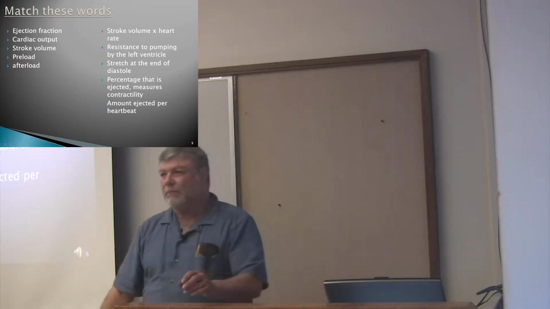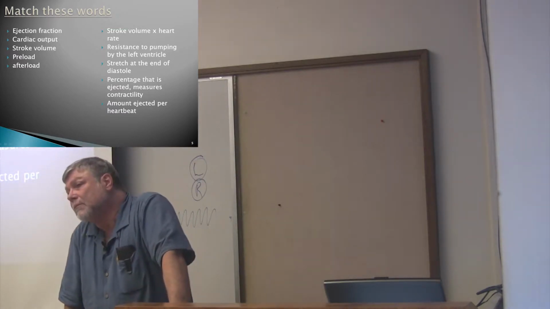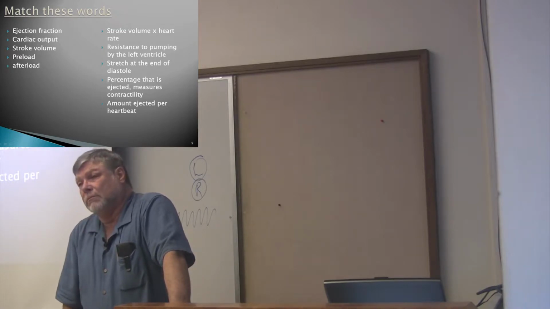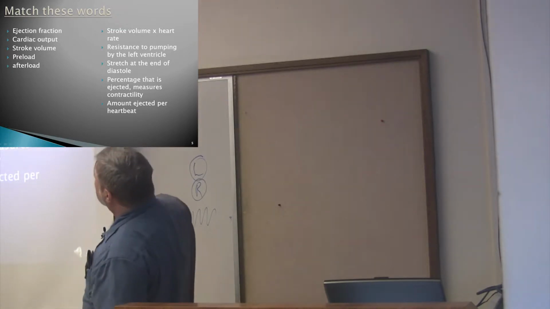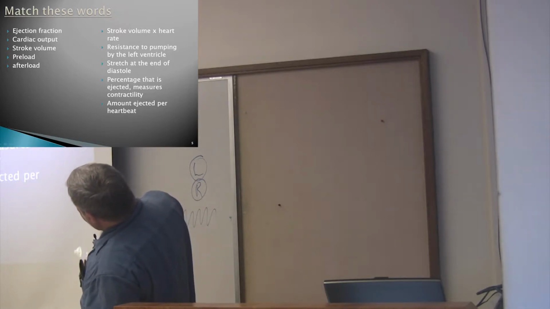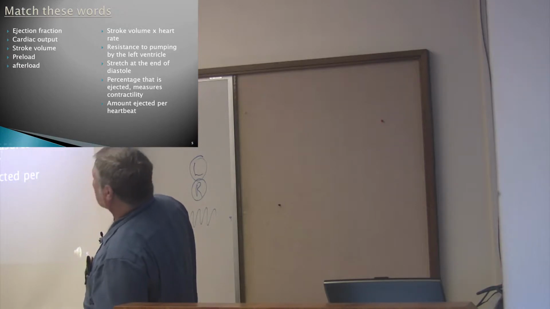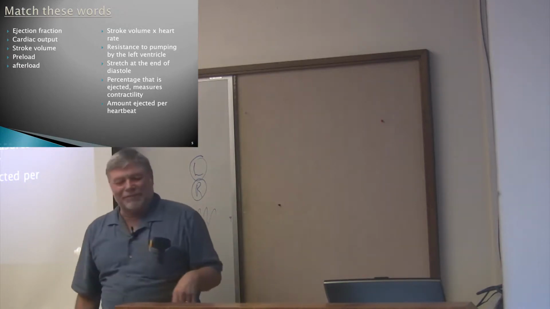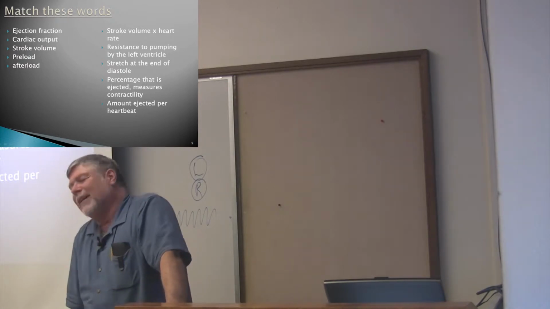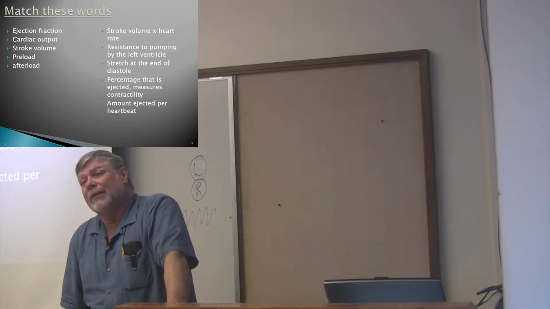So, just to be clear, ejection fraction does not measure contractility, is that what you're saying? No. So we should take that one. Come on, Bob, give it to me straight. It's related.